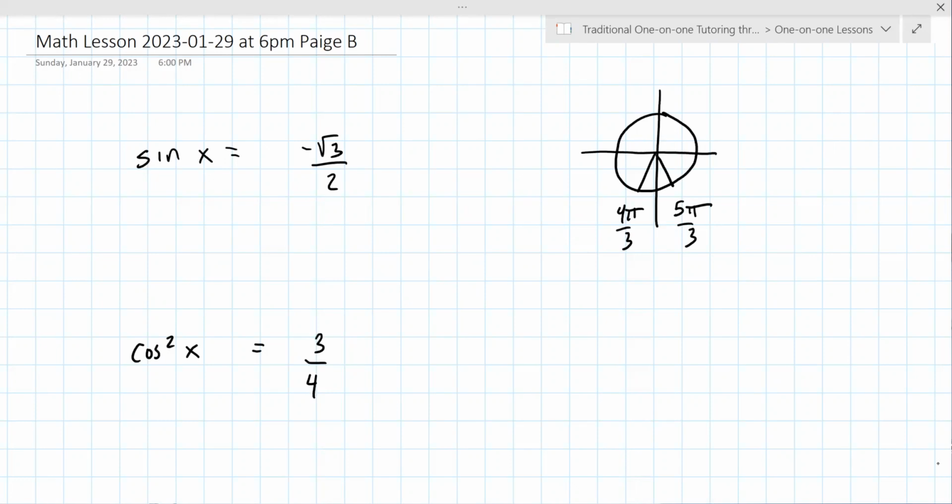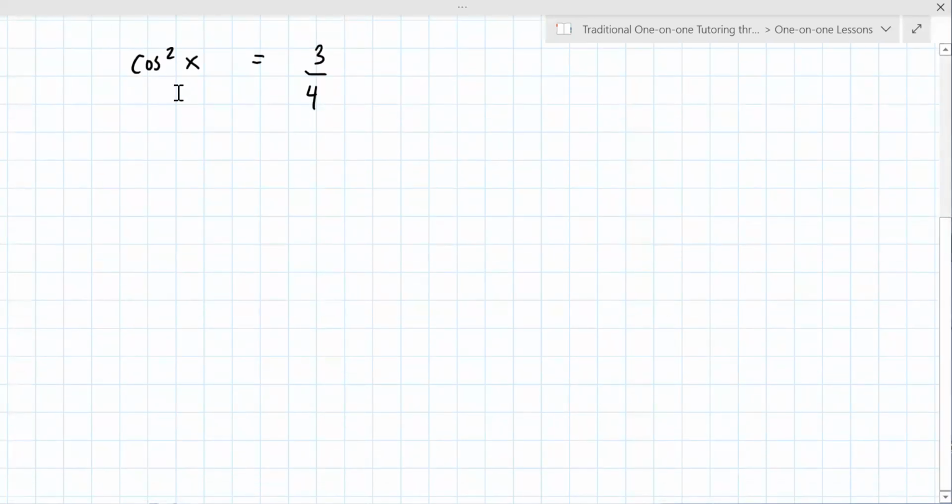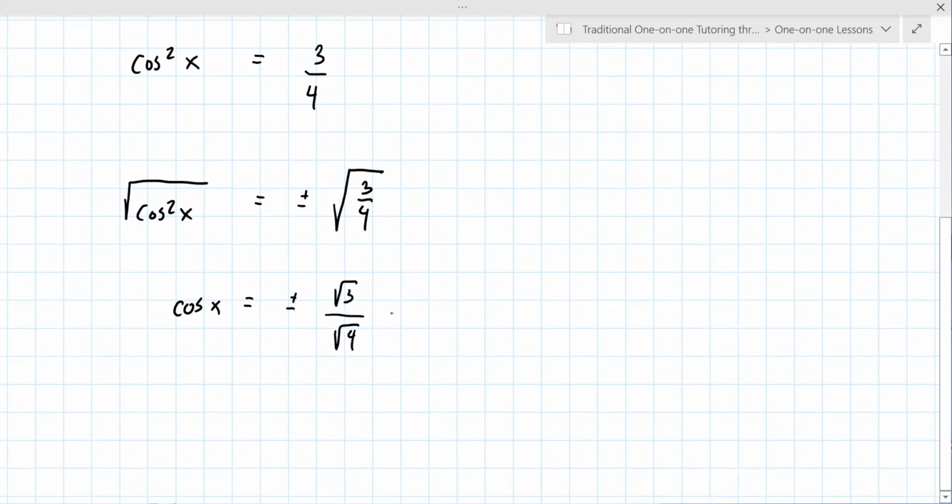So this one's not as explicit. You have to do some things to get this solved for cosine of x, and that is you want to take the square root of both sides of the equation. As a gentle reminder, it's plus or minus the square root of 3 over 4. So cosine x equals plus or minus, you take the square root of the top, square root of the bottom, and this nicely reduces to the square root of 3 over 2.